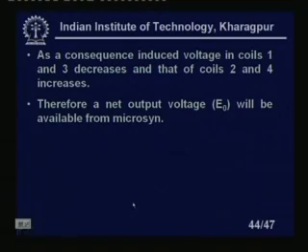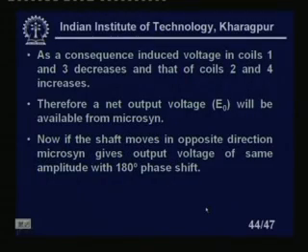So, I will get a large unbalanced voltage. Therefore, a net output voltage E naught will be available from the microsyn. So, I will get excitation, I will get an output voltage, the output voltage will tell you the position of the rotor.